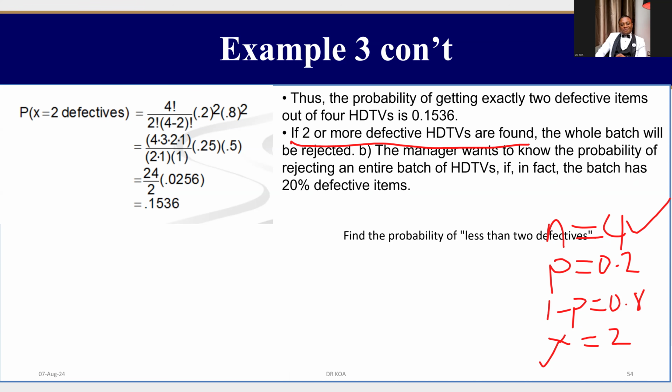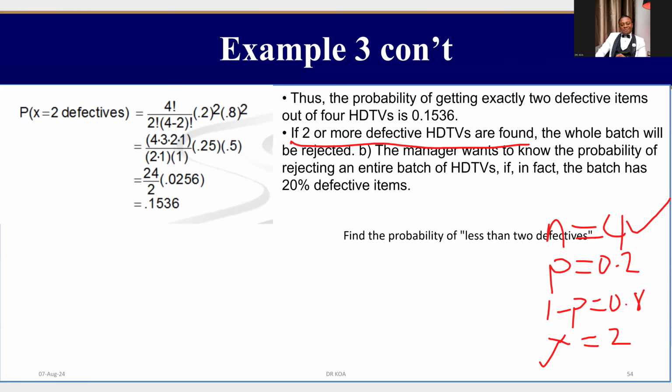In other words, if you get 2, 3, 4, because remember the total is 4, then you will reject the entire batch. The manager wants to know the chances of rejecting the entire batch if in fact the batch has 20% defective items. So what are you calculating? We are looking at those we are going to reject, but we only reject when you have 2 or more.